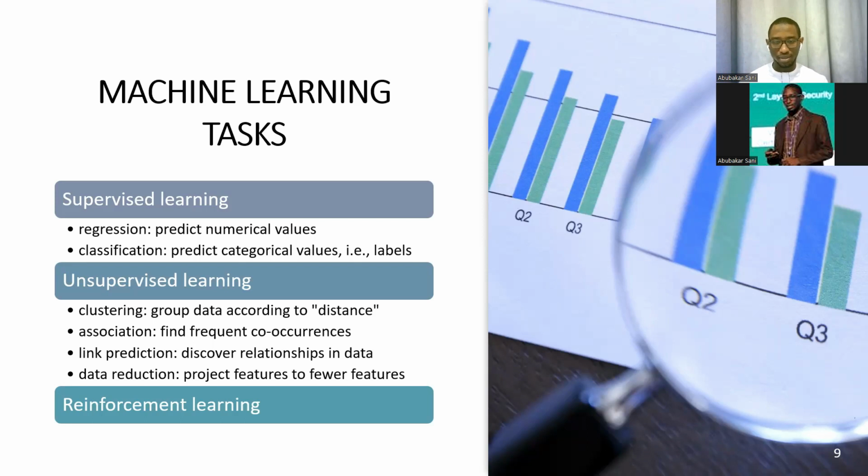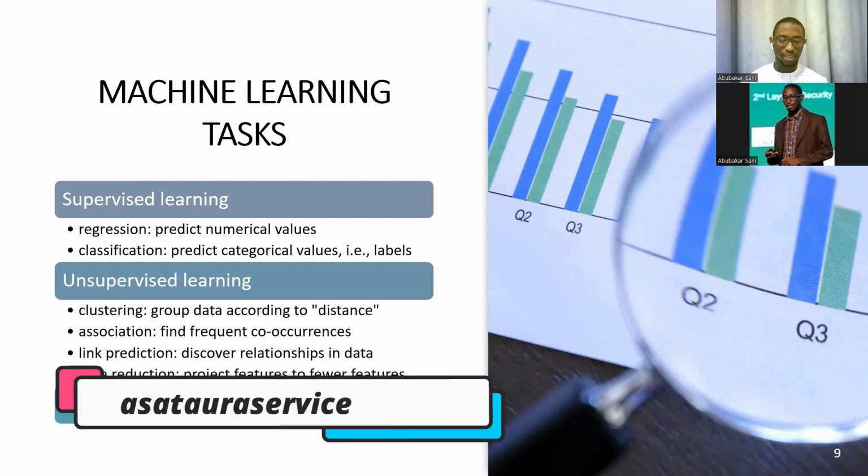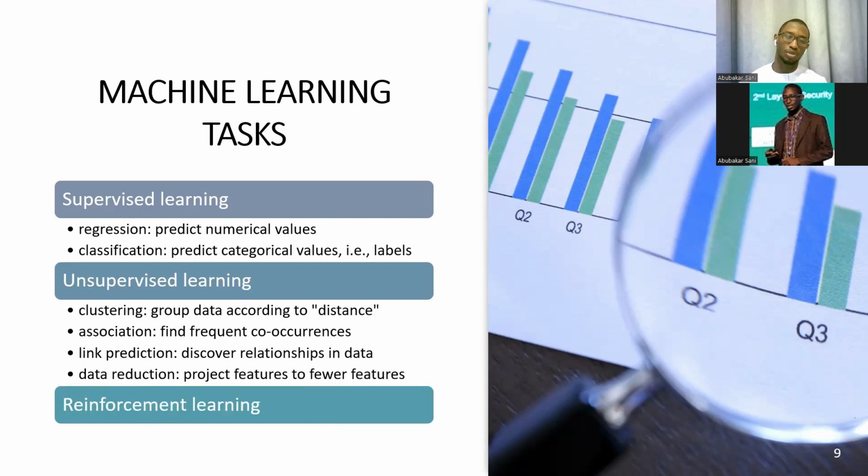Unsupervised learning, on the other hand, does not require a teacher. There is no teacher in the process. You only have the sample data. By not having a teacher, we mean there is no result. In classification, you can say, I have images of cats and dogs, and I tell a kid this is a cat, this is a dog, and by doing this the kid is able to learn.